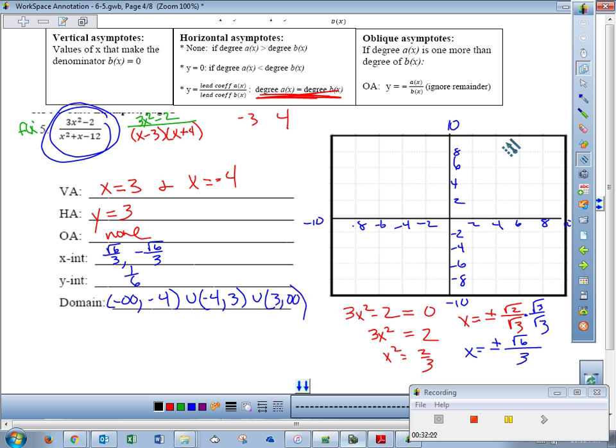Got a vertical one at x equals 3, also had one at x equals negative 4. Had a horizontal asymptote at y equals 3. That's there.